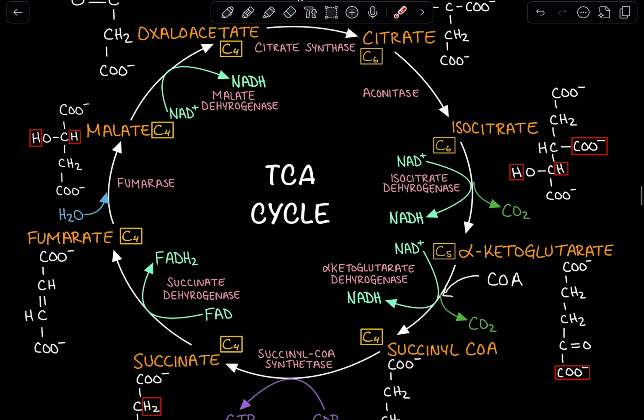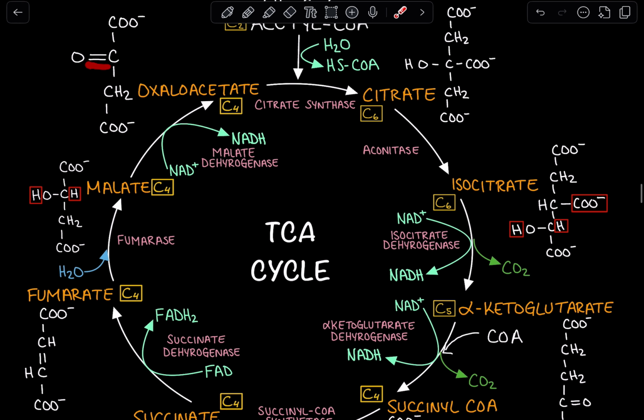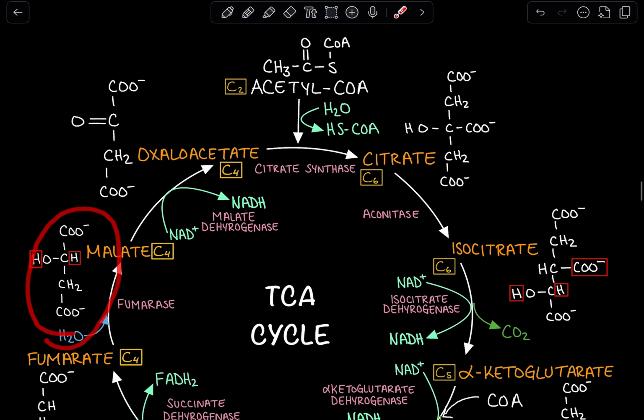Now, malate is actually one step away from creating oxaloacetate. Remember, we introduced this water over here. We introduced that OH group. Well, we need to create a double bond with the carbon and the oxygen. So what are we going to do? We're going to oxidize malate. When we think of oxidation reduction reactions, what kind of enzyme do we want? We want a dehydrogenase. And we're going to utilize malate dehydrogenase.